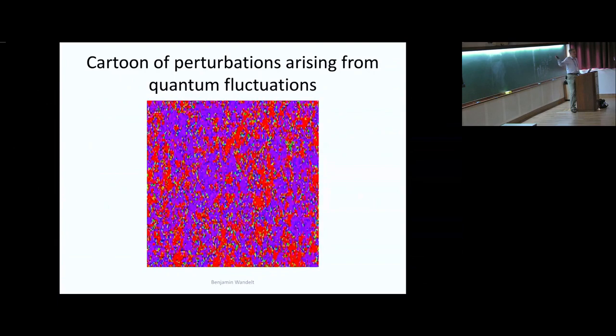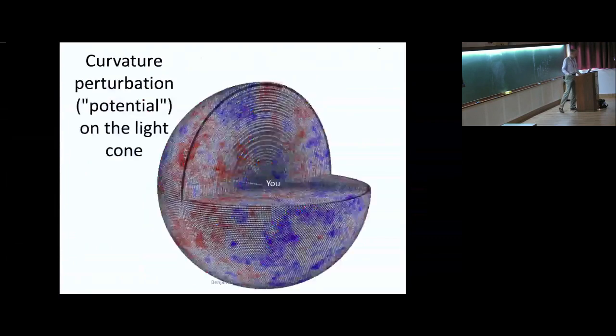And so this Gaussian field stuff that I talked about is an extremely good approximation and can be pushed very far for cosmological observables, like, for example, the cosmic microwave background. And I'll show you an example in a minute.